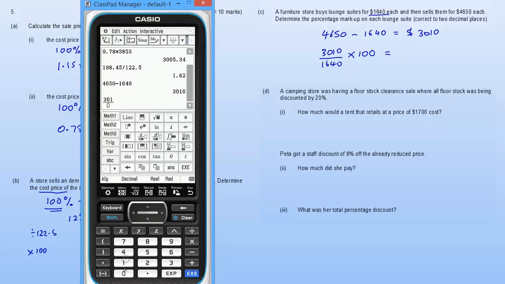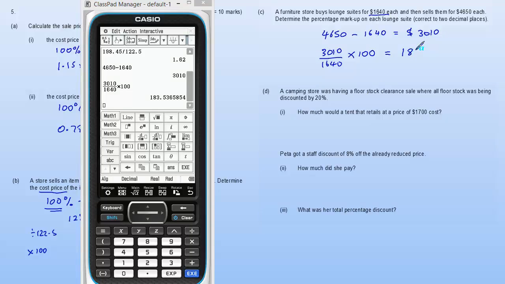So 3010 divided by 1640 and multiply by 100, and that gives us 183, and we need to round this, 0.54%.